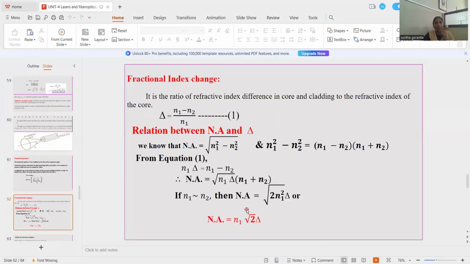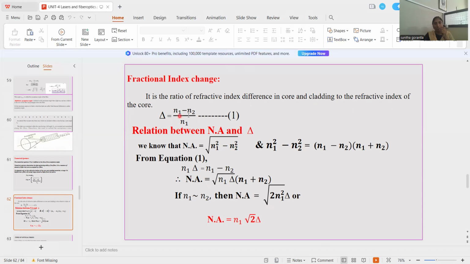Now see the fractional index change. The fractional index change is represented by the symbol delta. It is the ratio of the refractive index difference between core and cladding, that is n1 minus n2, to the refractive index of the core, n1.